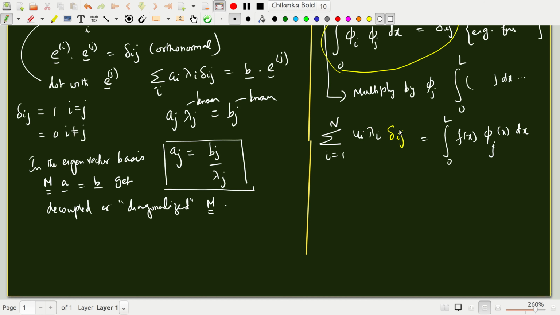Now this is a Kronecker delta, so it will pick out only uj lambda j from this summation.